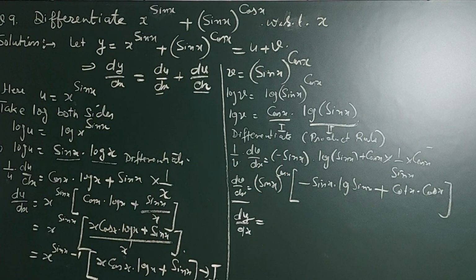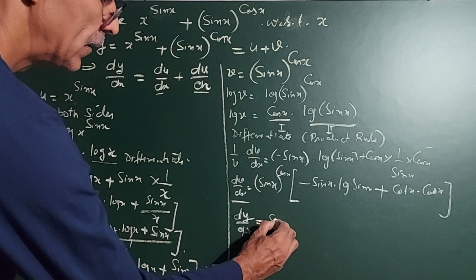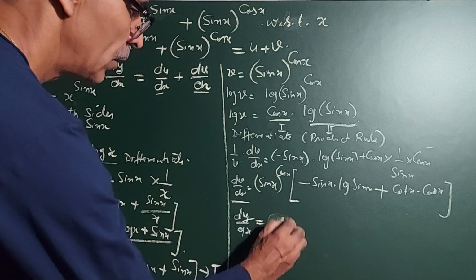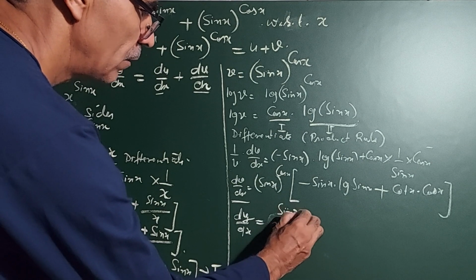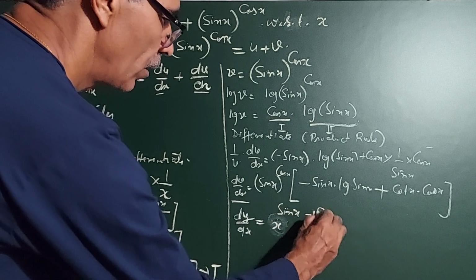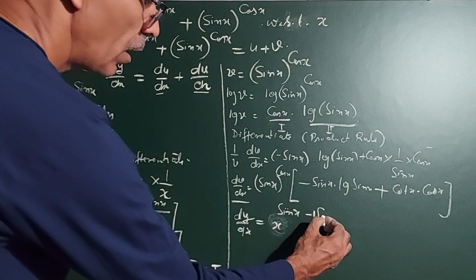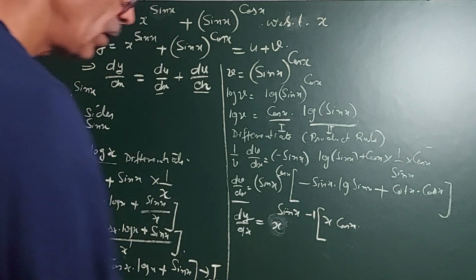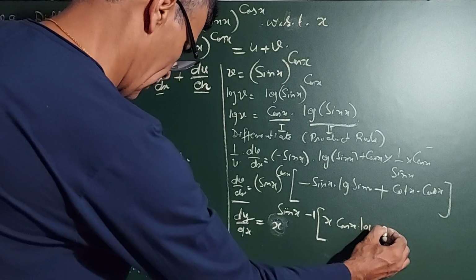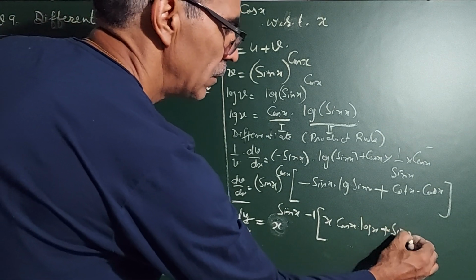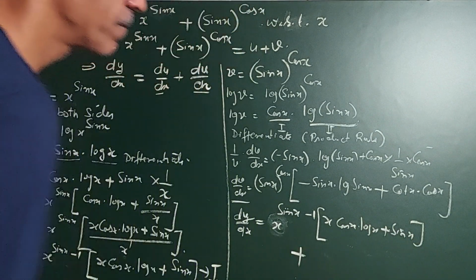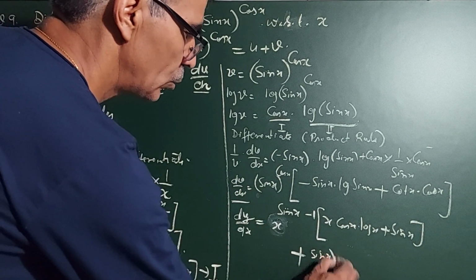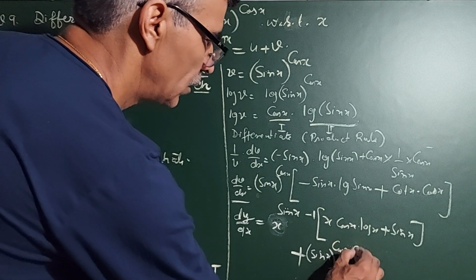So we can write dy upon dx is equal to, substitute here the value of du upon dx, which is x raised to the power sin x minus 1 into x cos x into log x plus sin x, plus this dv upon dx, which is sin x to the power cos x.